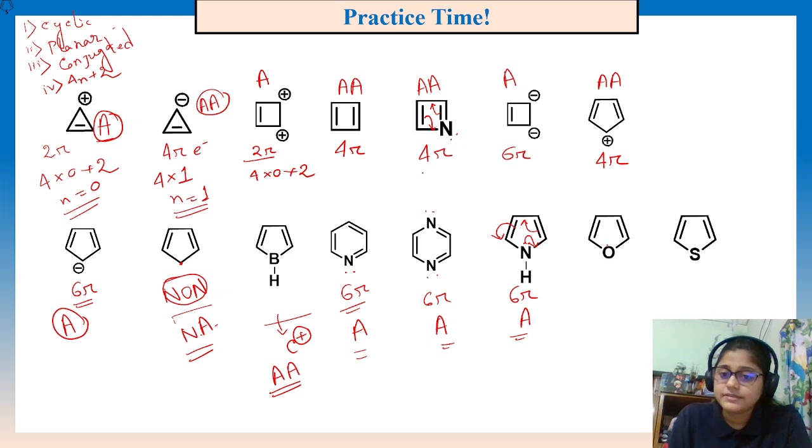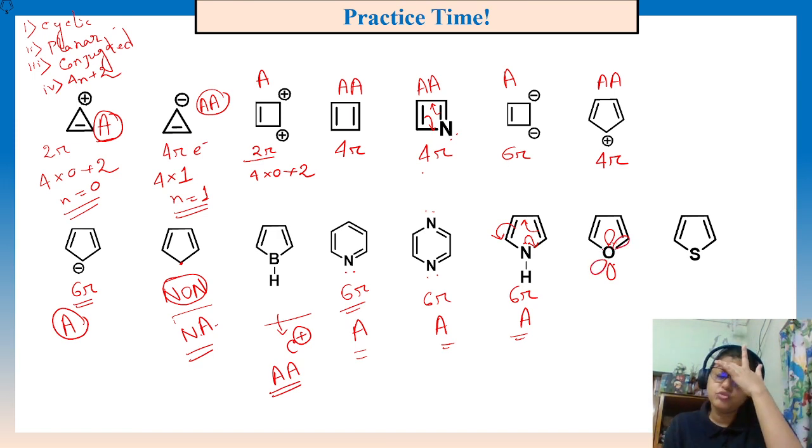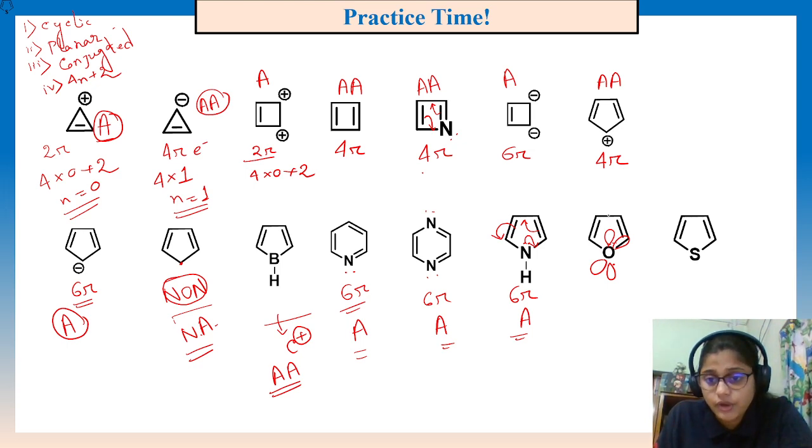Then the same thing, but here 2 lone pairs are there. So will you count 2 lone pairs here? We know that two p orbitals are perpendicular to each other. If one is px, the other is py, perpendicular to each other.